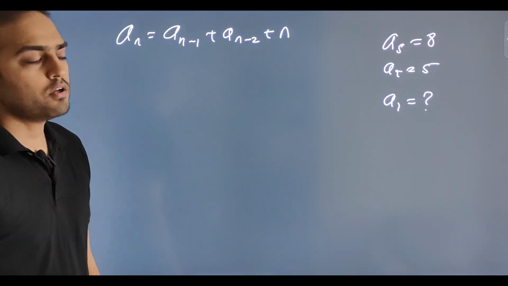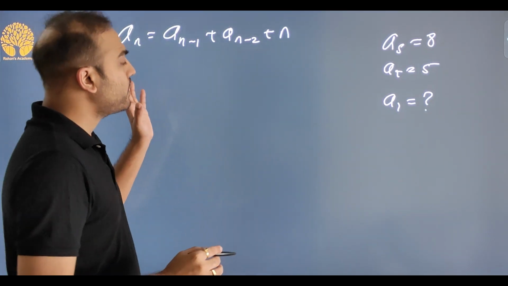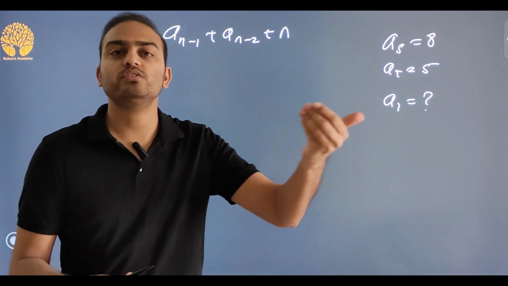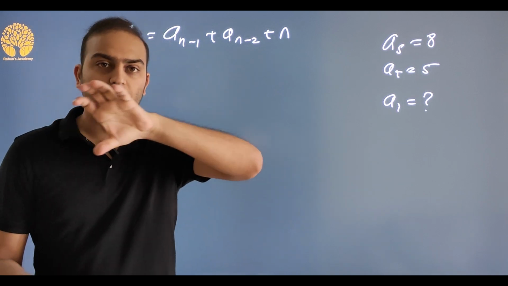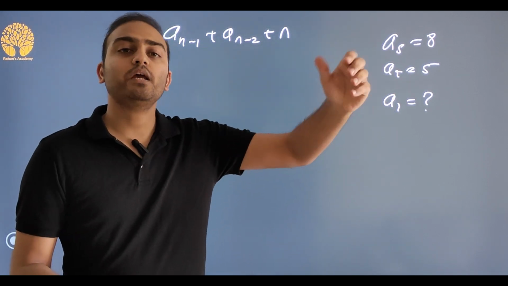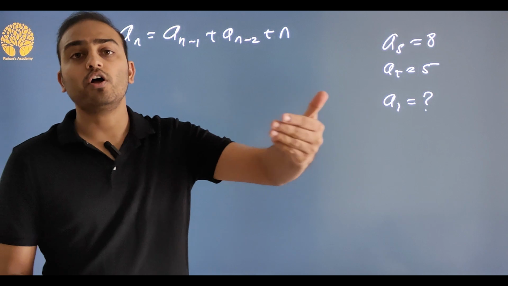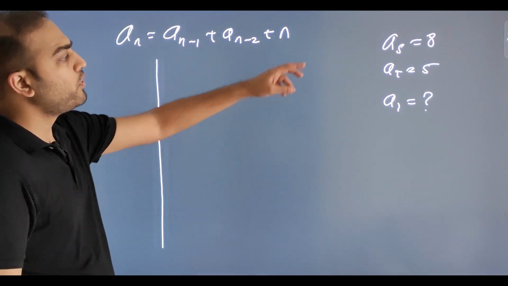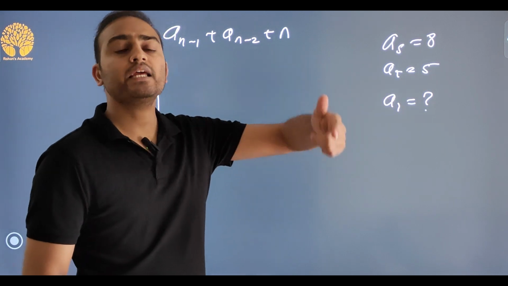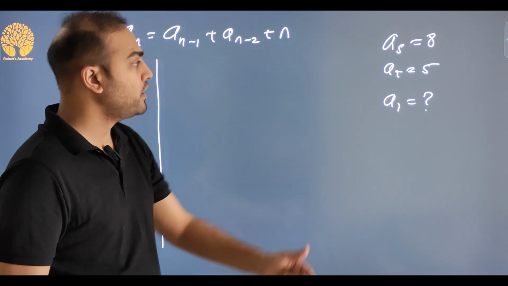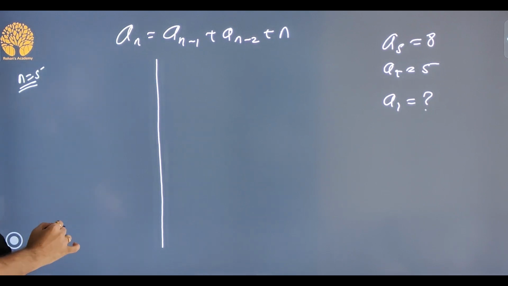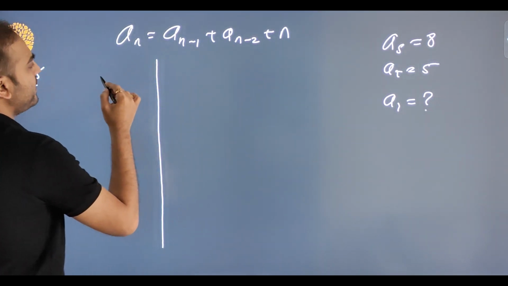So no problem. It's not that in a sequence you only go forward. The whole point of a sequence is that everything follows the same pattern. So if you use the pattern to go forward, you can use the same pattern to trace back. I know a5, a4, so the logical next step is to find a3. I put n as 5, because then this becomes a3.